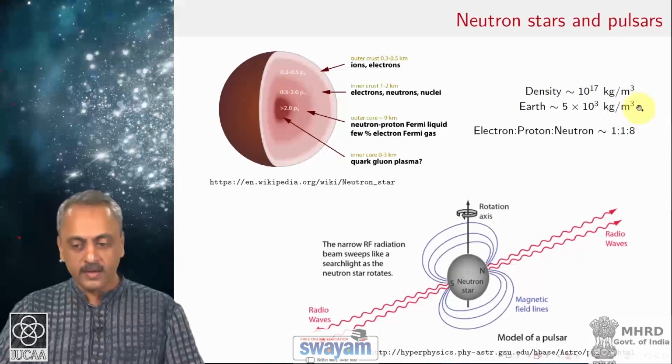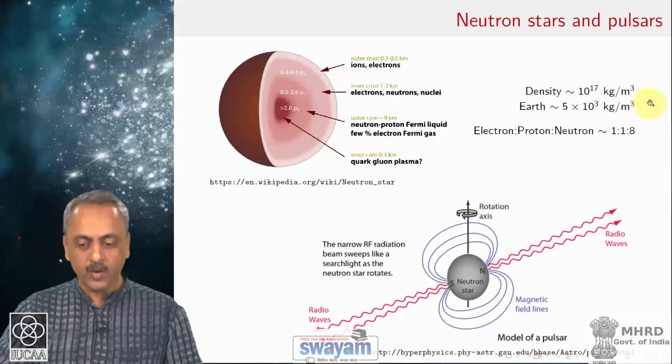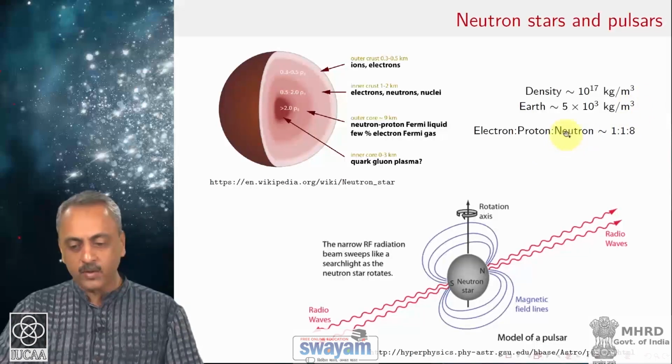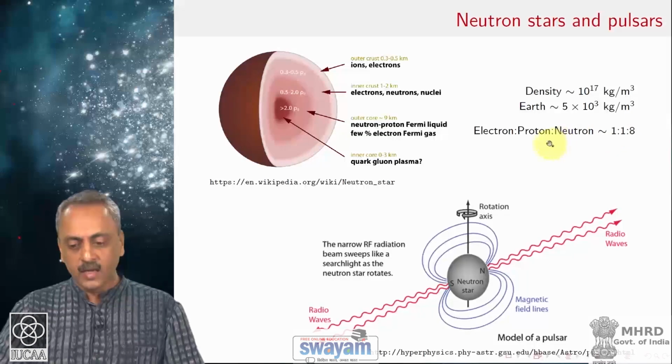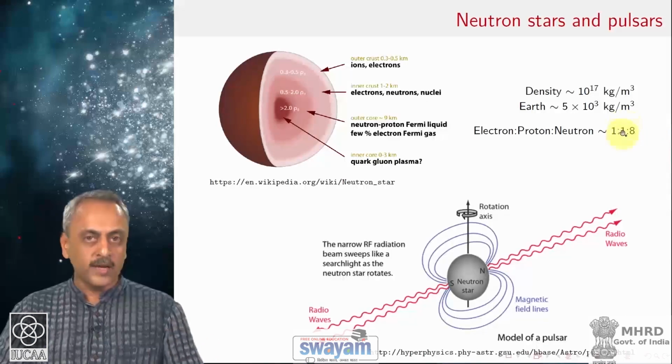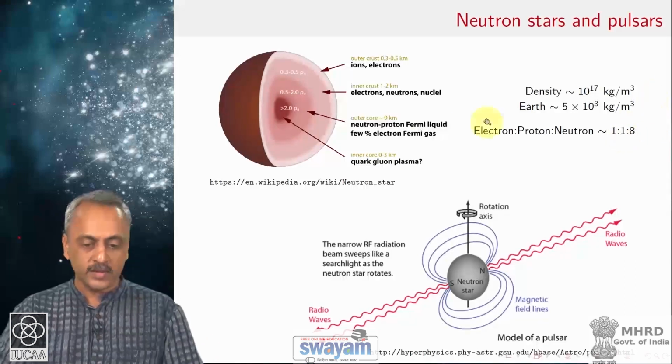That is the kind of density difference we are talking about. Neutron stars are primarily made up of neutrons, but there is a well known proportion of electrons, protons and neutrons here. You name a complication in physics, it is found in these systems.